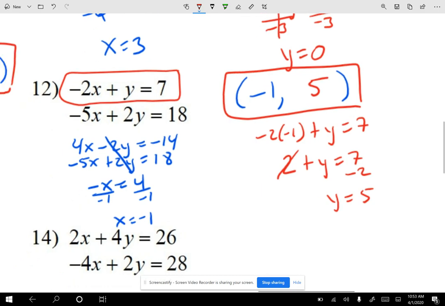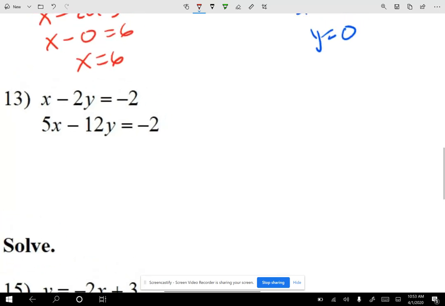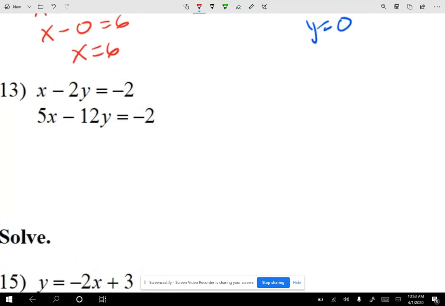Two more examples. Let's take a look at number 13. I want one of my letters to cancel out. I can multiply the first equation by negative 5 to make the x's cancel out, or I can multiply the first equation by negative 6 to make the y's cancel out. In this case, let me multiply by negative 5.